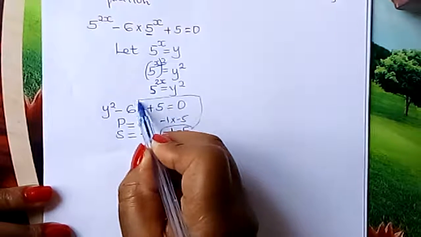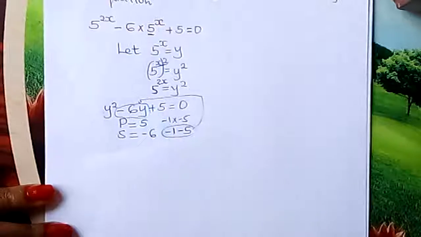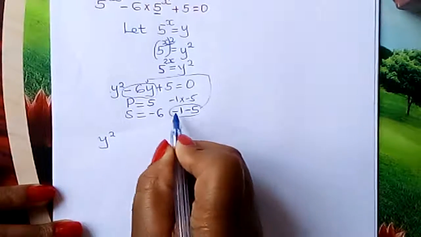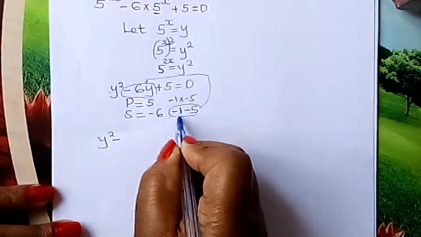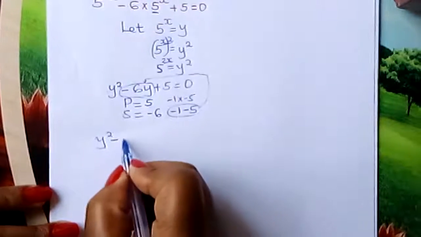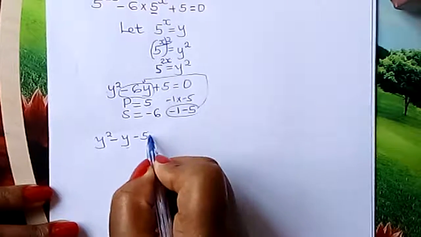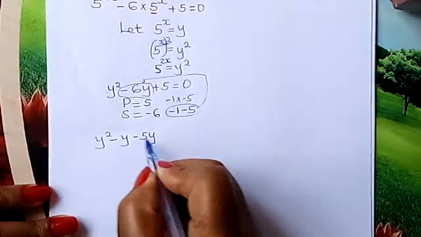You come, learner, and substitute them in the middle term. So we write y squared minus 1y, which is y, minus 5y, this gives us minus 6y.